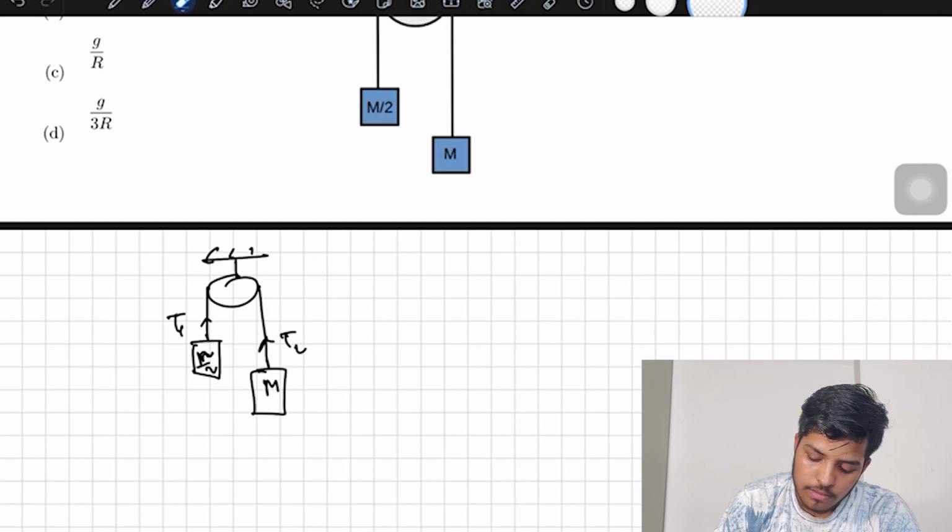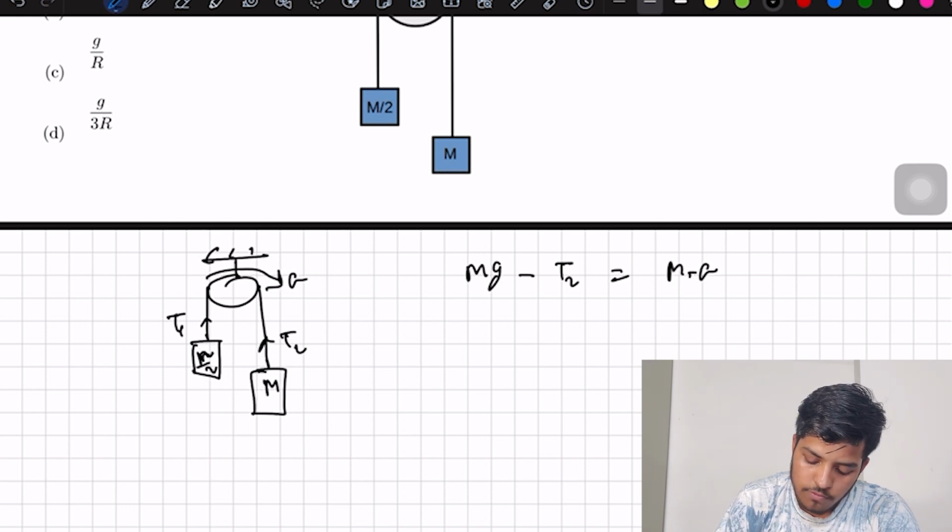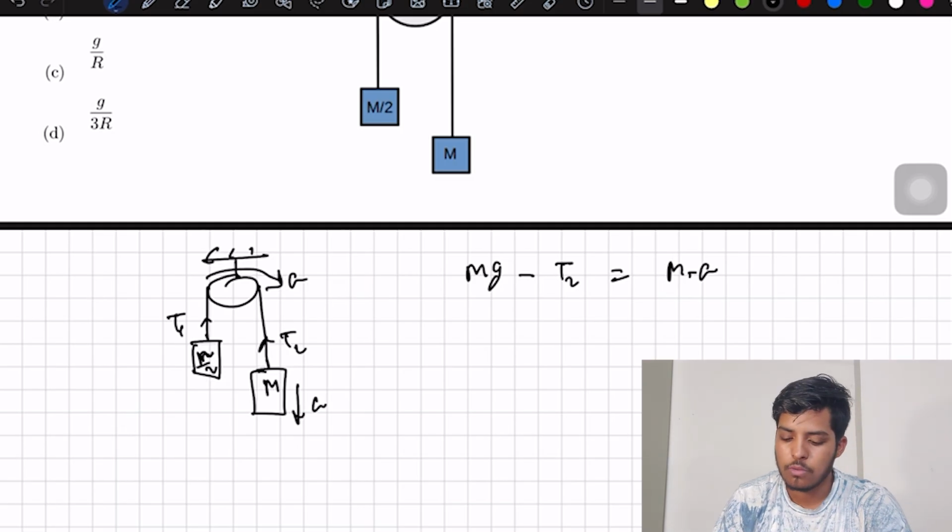So mg minus T2 equals m into A. Let us assume the acceleration to be A. Acceleration of this block will be the same for both the blocks.